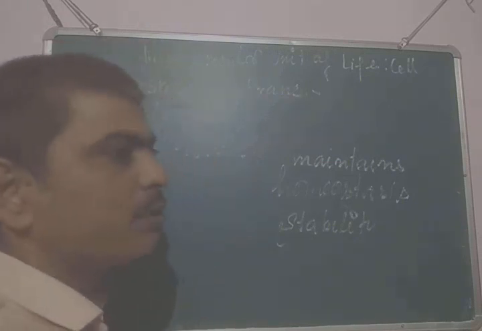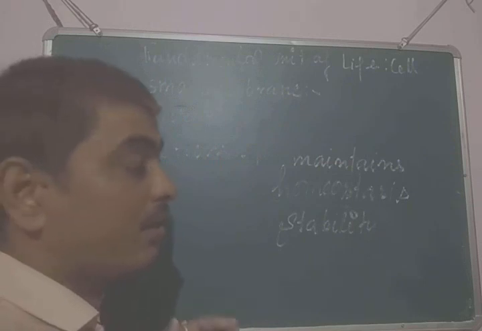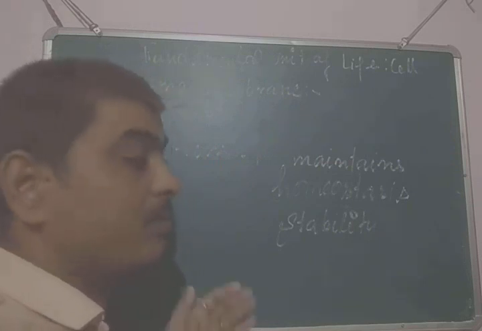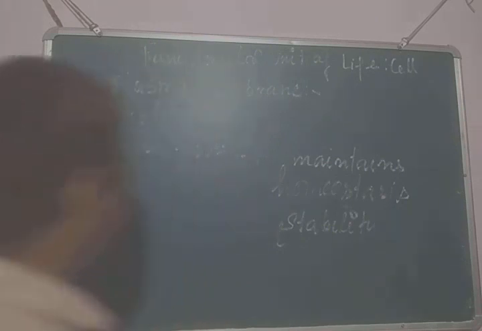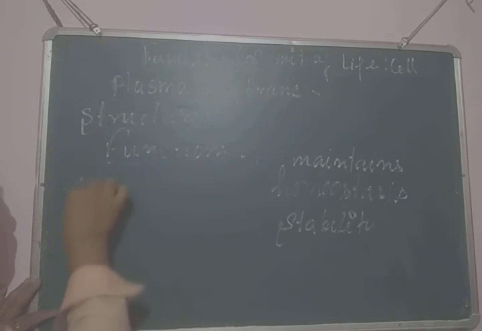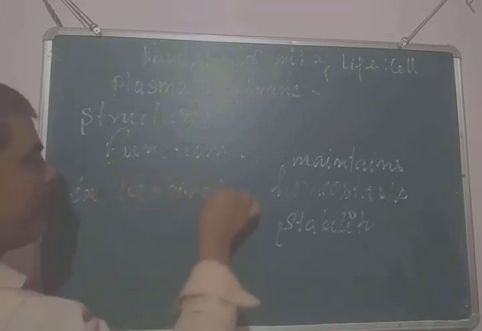Besides this, the plasma membrane keeps the metabolic intermediates within the cell. Take the example of respiration. What happens in respiration?